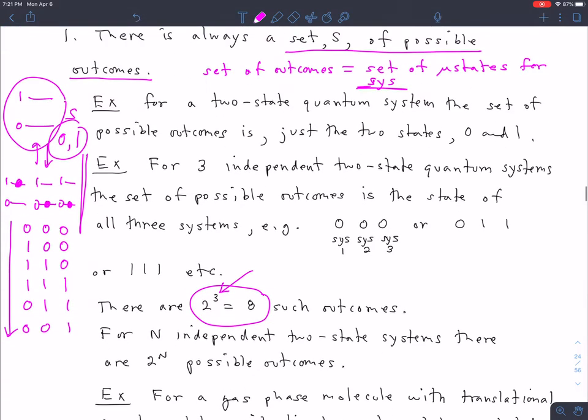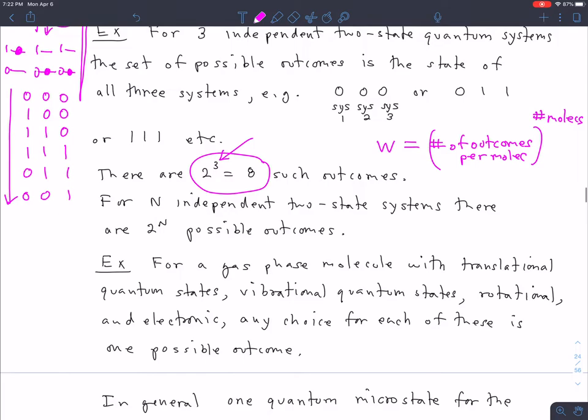If you have, in general, a large number of molecules, and they're all independent, then the size of your outcome set is going to be W, which is equal to the number of possible outcomes per molecule to the number of molecules power. And we will encounter that kind of behavior quite a bit in what comes next.